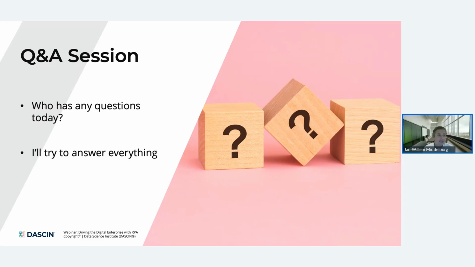Next question, as an RPA developer, what skills should I have with the emergence of agentic AI, and which courses should I take? Well, skills, I think, are very similar to what you would need in any kind of workflow or automation path. So a lot of analysis skills.